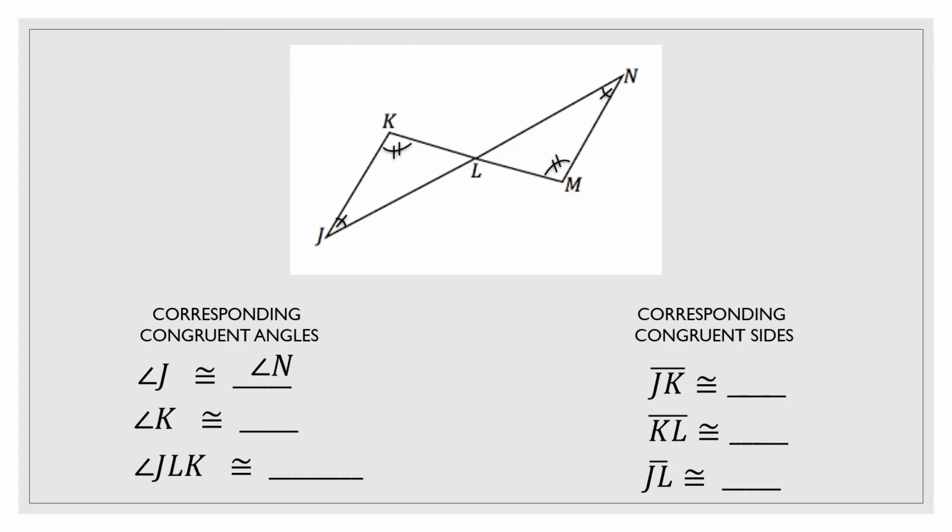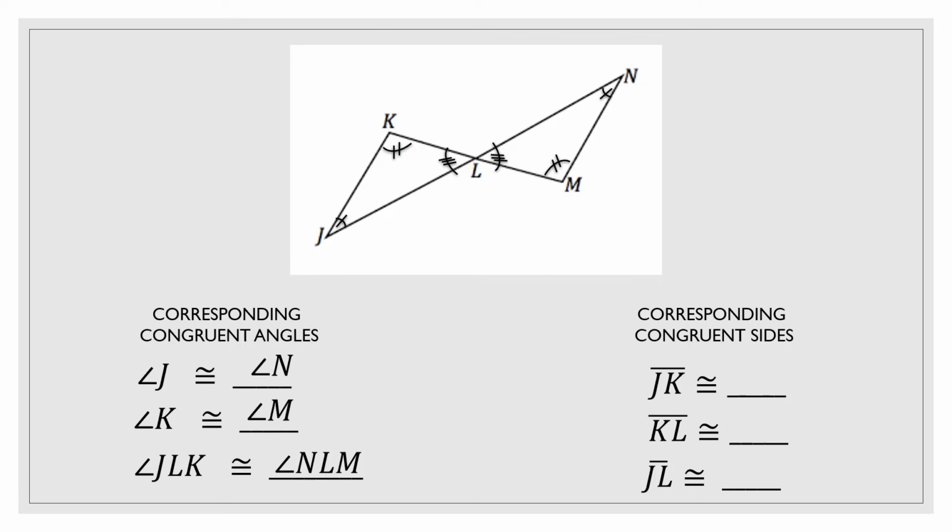Angle K corresponds to angle M. So therefore, angle K is congruent to angle M. How about angle JLK? Angle JLK corresponds to angle NLM. So we can say that angle JLK is congruent to angle NLM.